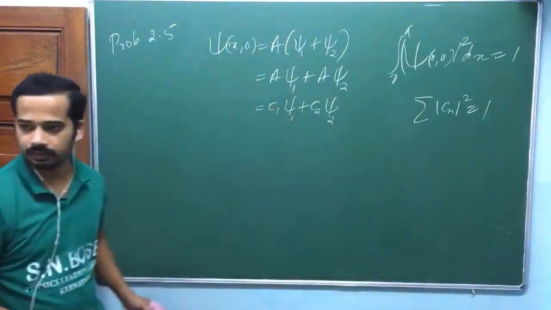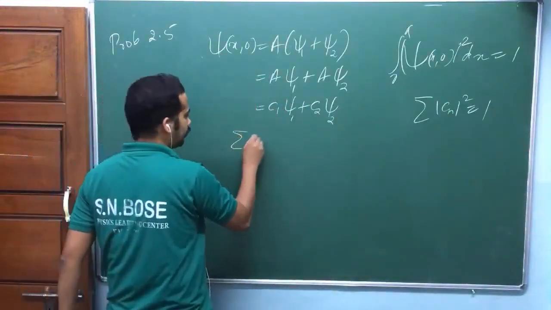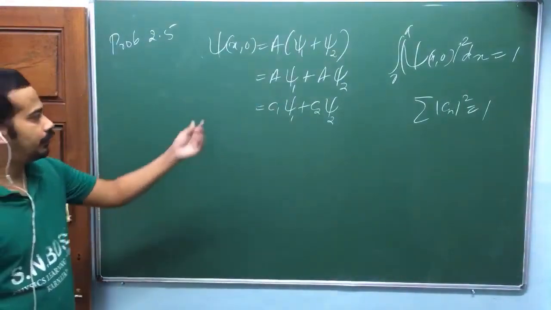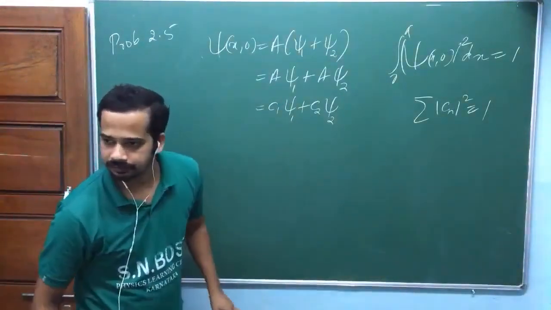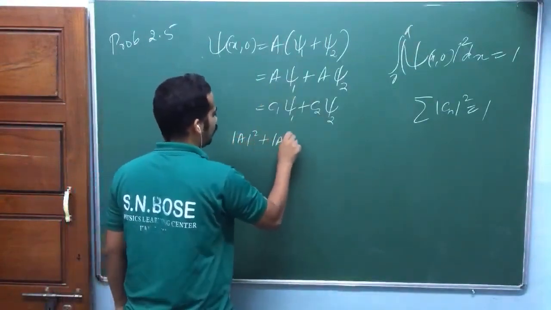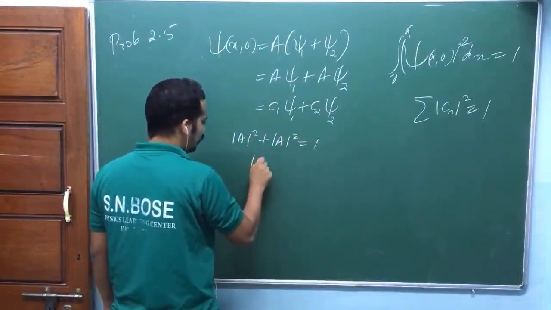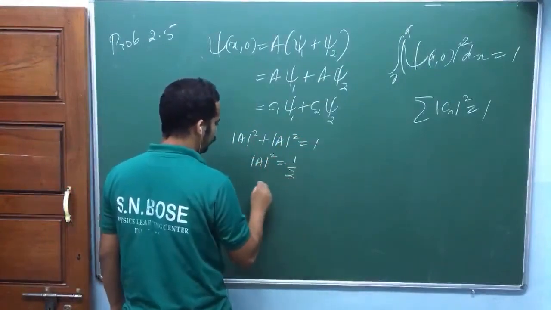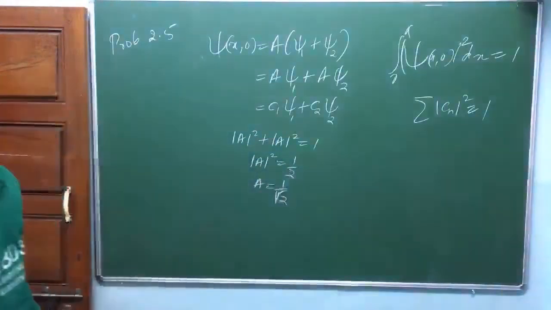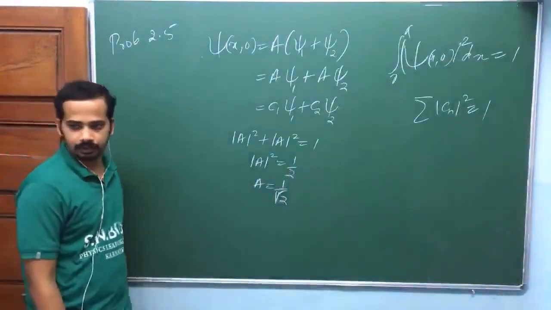Only two coefficients are non-zero. Summation over mod cn square equals 1. Or you think like that: the coefficient mod squares added should be equal to 1. Mod a square plus mod a square added should be equal to 1. Mod a square is equal to 1 by 2. A is equal to 1 by root 2. You can take minus 1 by root 2 also.